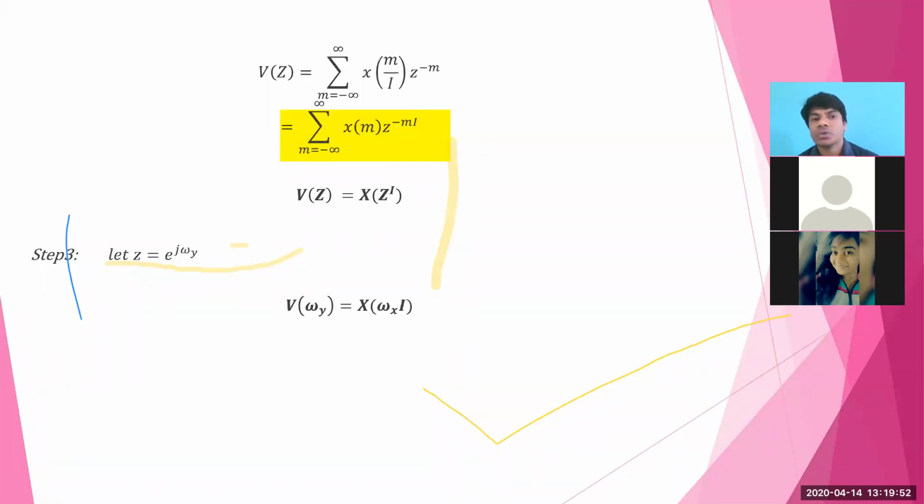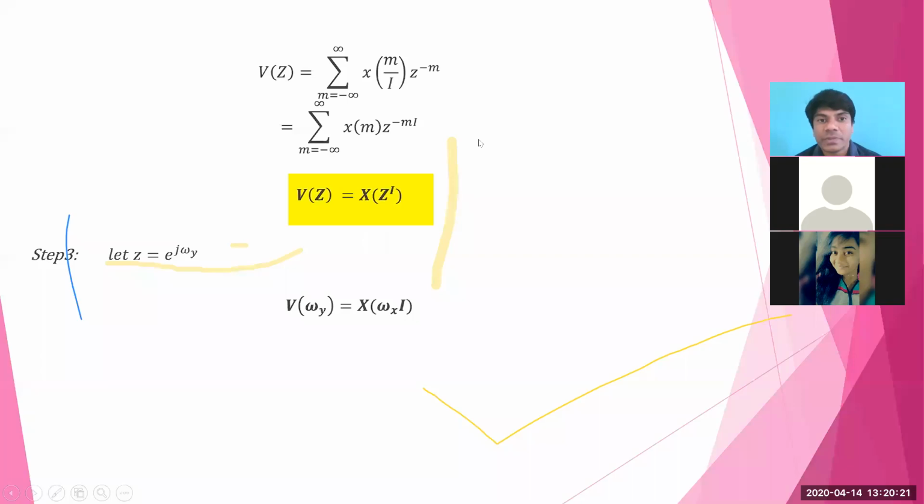There you have x of m by I, and I want to get rid of it, so I'm replacing m by I with m. So this particular z of minus m becomes z of minus mI. These things you have to work on, and if you have any doubt you can ask me in person.